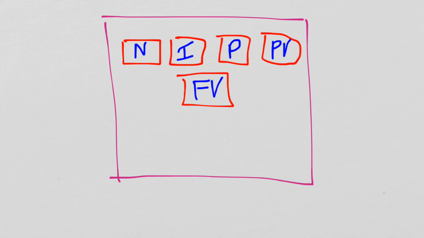And if you know any 3 or 4 of these, you can solve for the unknown by putting in what you know and then asking the calculator to solve for the unknown, and the calculator will do it pretty much automatically.